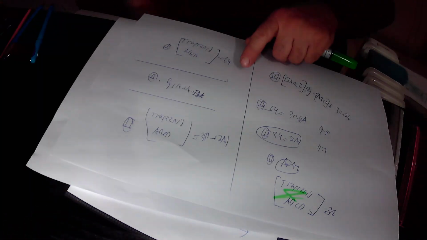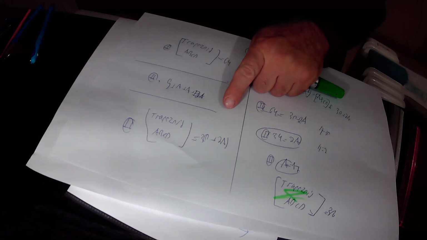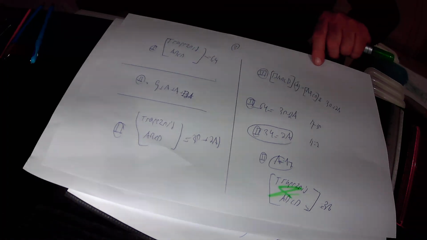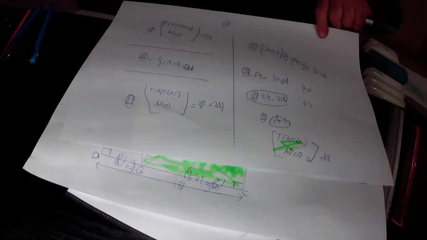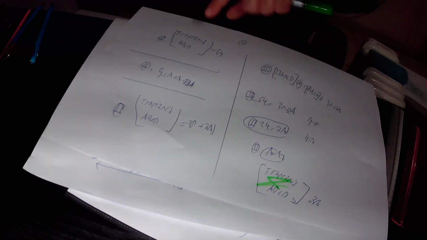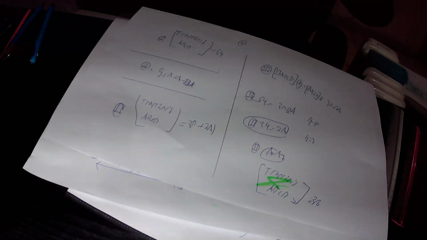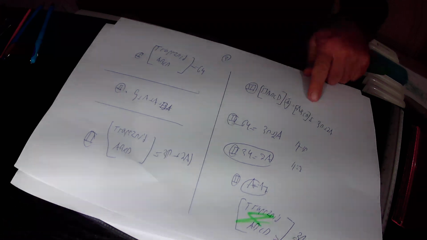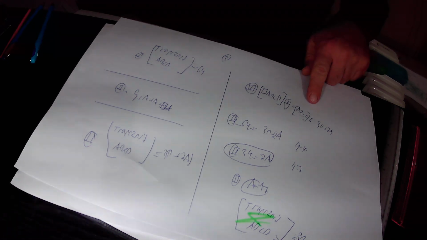According to the second method of calculation, the area of trapezoid ABCD equals 30 plus 2a. So the next step: if we have two different expressions for the area of trapezoid ABCD, therefore we can do the equation that says that the area of trapezoid ABCD according to the first method of calculation must be equal to the area of trapezoid ABCD according to the second method of calculation.